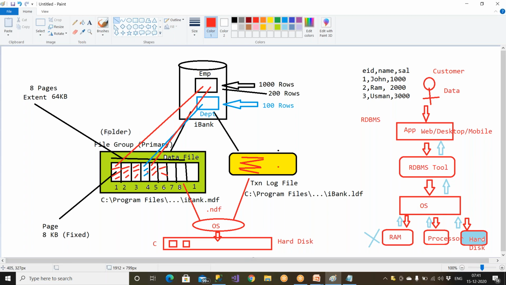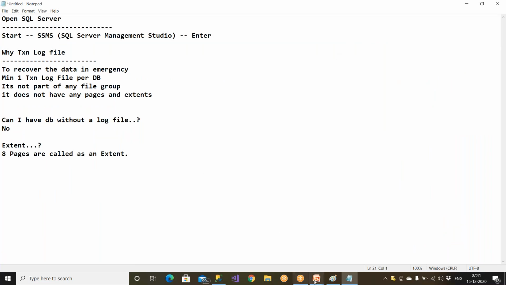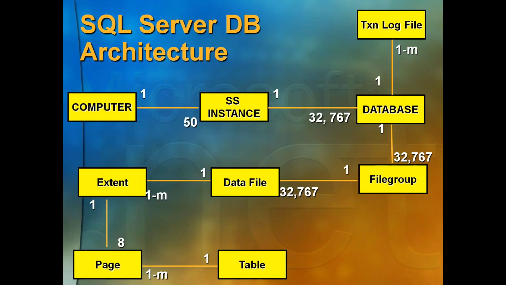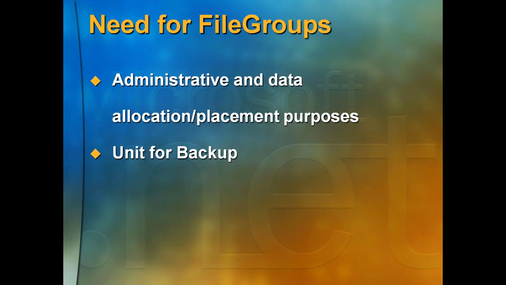What is the purpose of a file group? The purpose of a file group is to create or to store the data, the files, together. So that is the purpose of a file group. Clear? So let me give you. Need for file groups means administrative and data allocation placement purposes, unit for backup. I can go in for, why are we creating folders? Because I can copy the data.